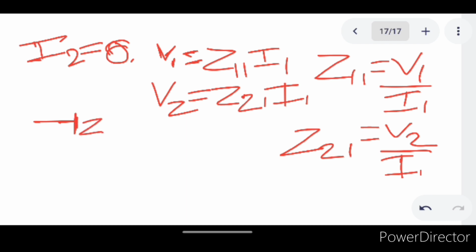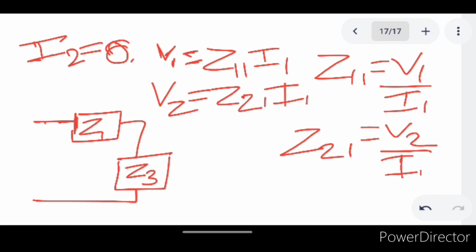We will get the circuit like this. This is your Z1, Z3, V1, I1. So this will be your V2.